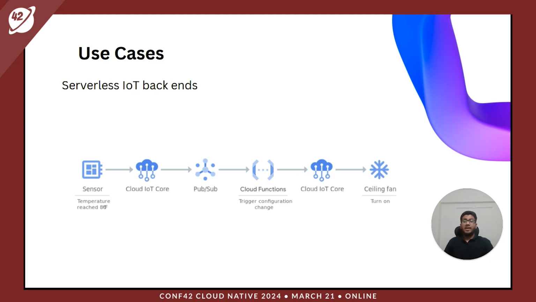Next, serverless IoT backends. Nowadays, home automation is booming. Everyone is utilizing their smartphones to switch on their fan, their lights, everything. There also, this function intervention would help them.